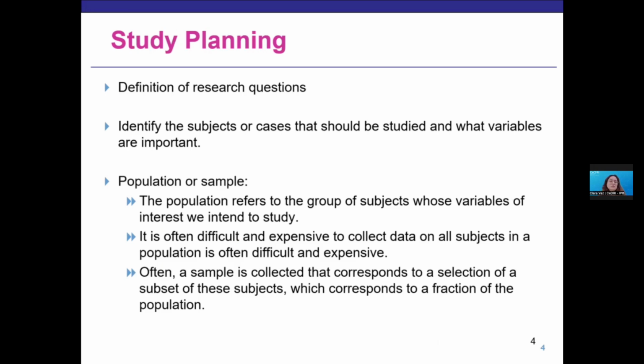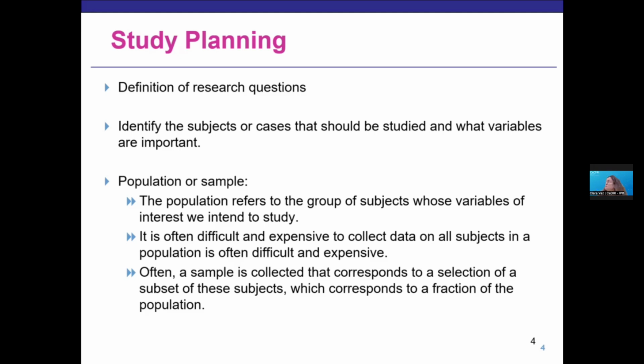The data is related with some research questions that the decision maker has to define. Regarding these research questions, it is very important to identify what are the subjects or cases that should be studied, and for them, we need to identify the more relevant variables for which we have to collect data.